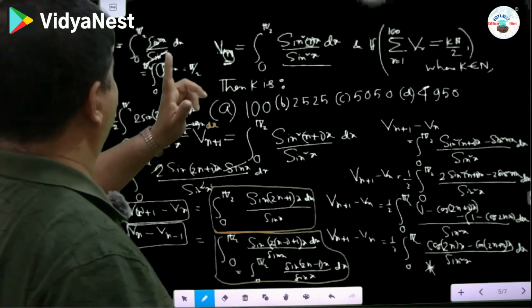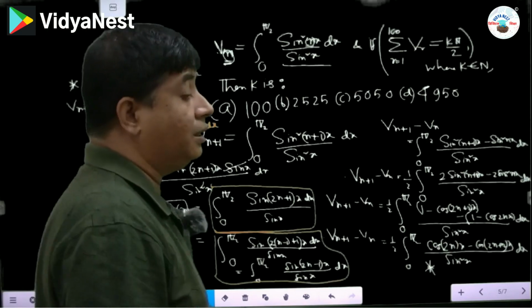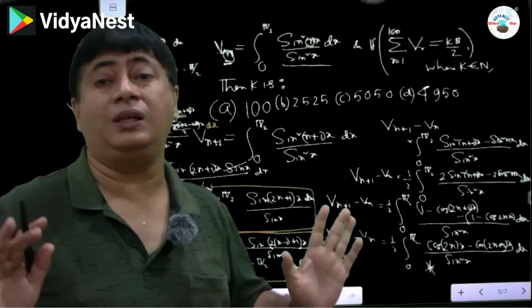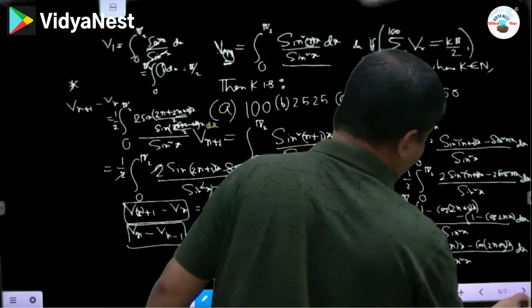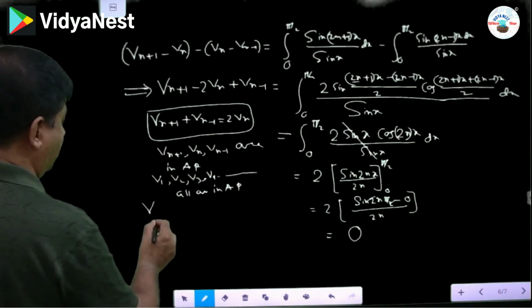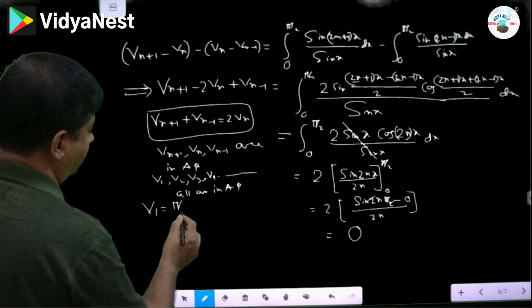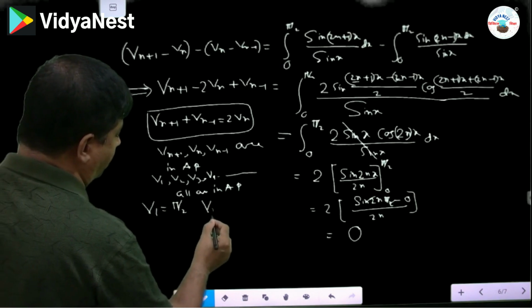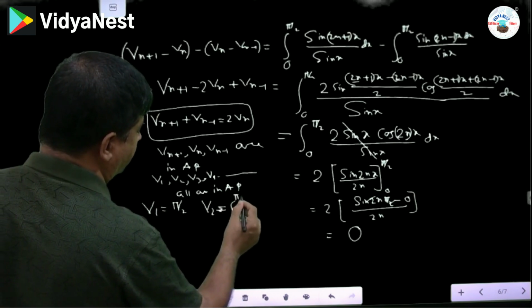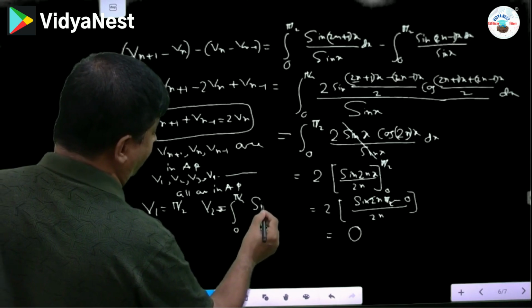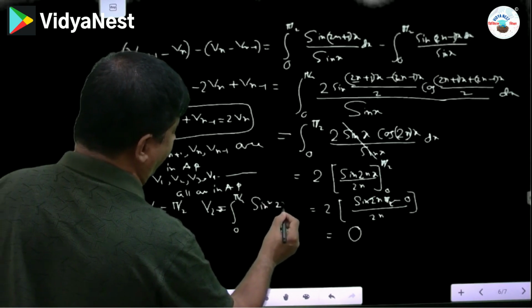Now V2 we have to find. Why? In that AP series, we need to find the common difference. So we had V1 pi by 2, V2 0 to pi by 2, sin square, in place of n put 2x.